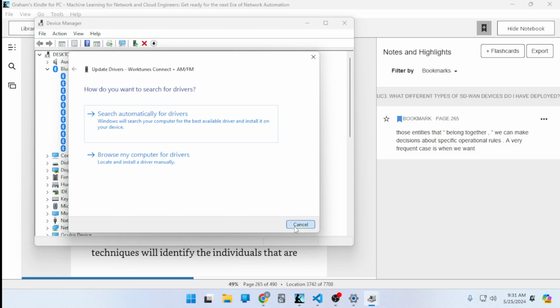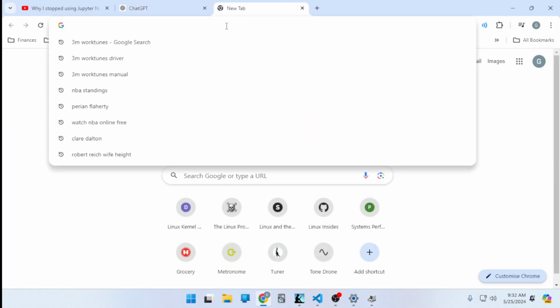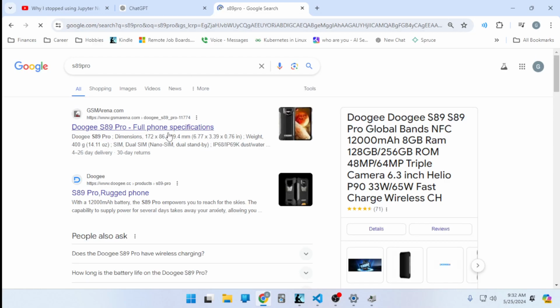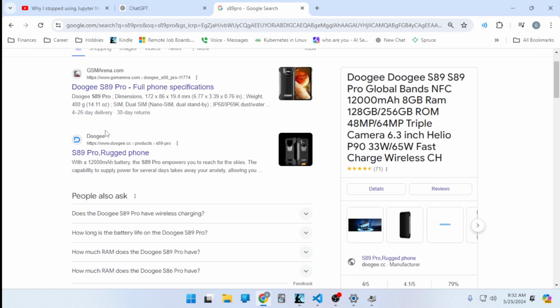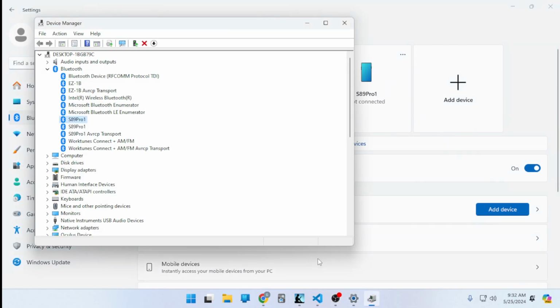Already found it. So yeah, I think there's something to do with the driver. I don't know what an S89 Pro is. S89 Pro. A drone? Oh, it's my phone. Okay. So yeah, I thought that might have been good.